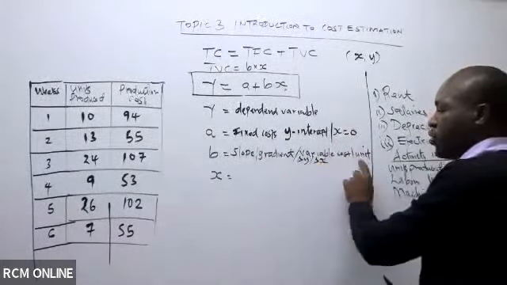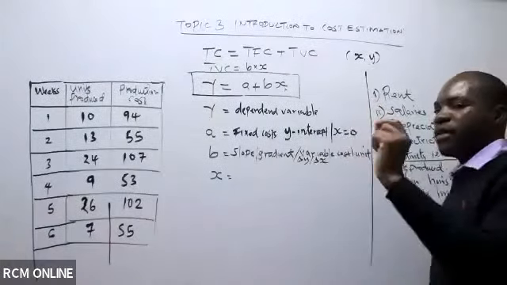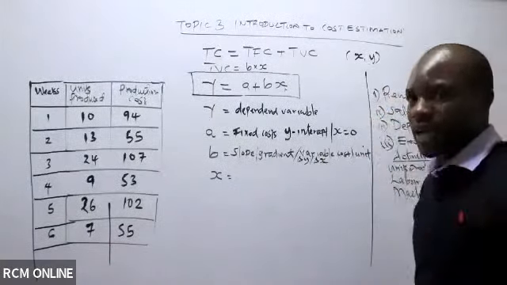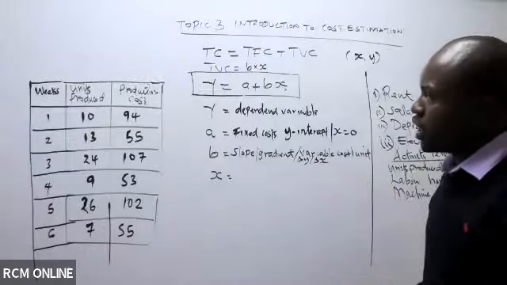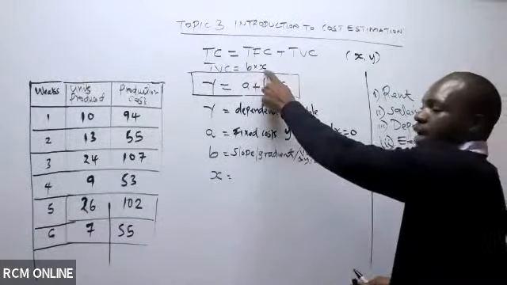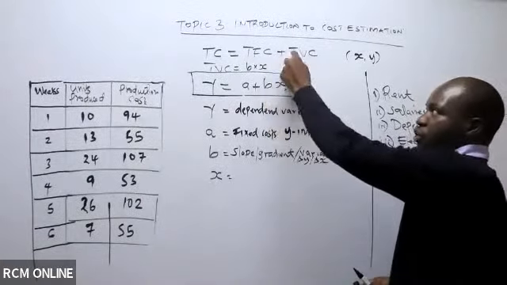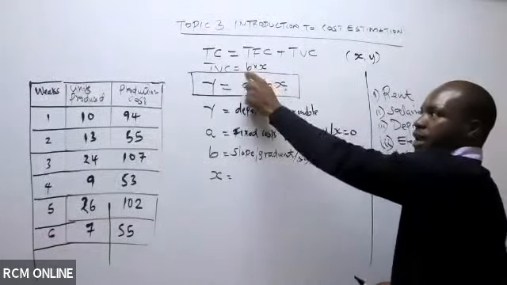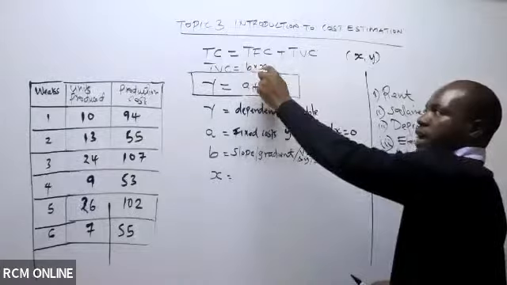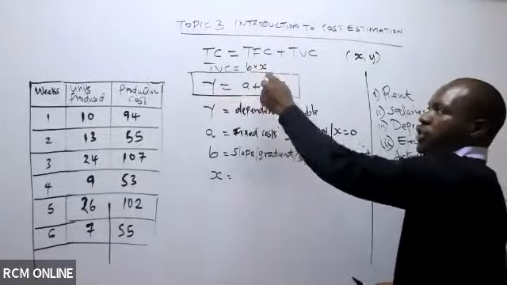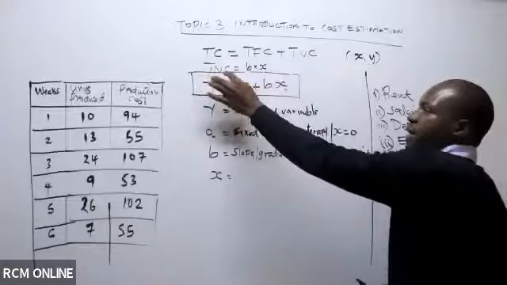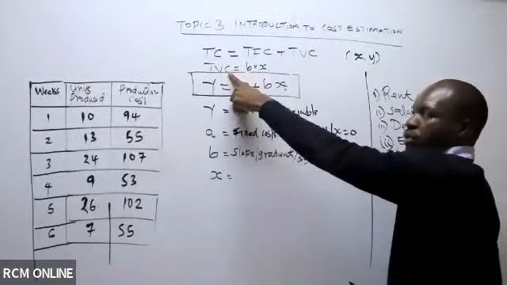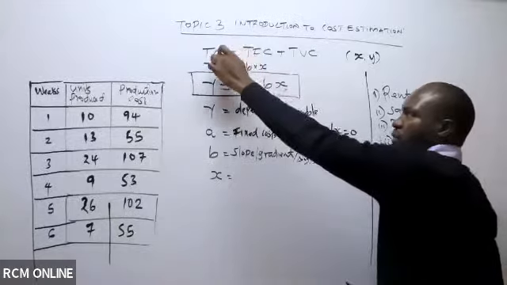It is variable cost per unit. Variable cost per unit will be constant. The only thing that will make it change is the activity level. For us to get total variable cost, we need variable cost per unit, which is a constant figure, right? This B. Then X will keep on changing. So the changes in X will make our total variable cost to do what? To change.